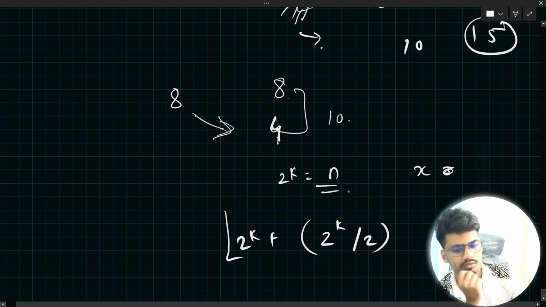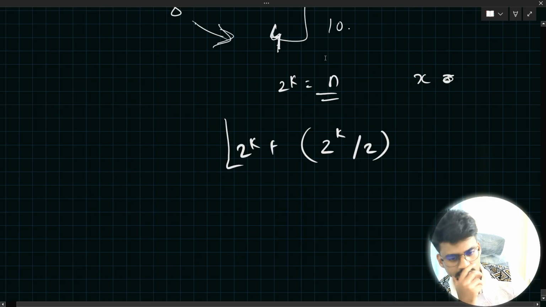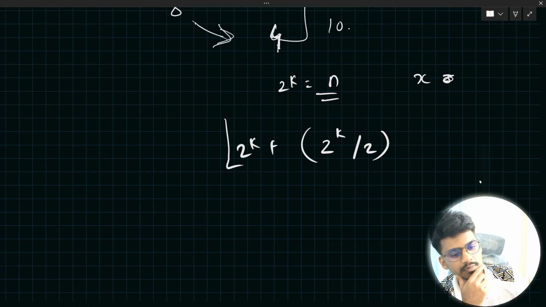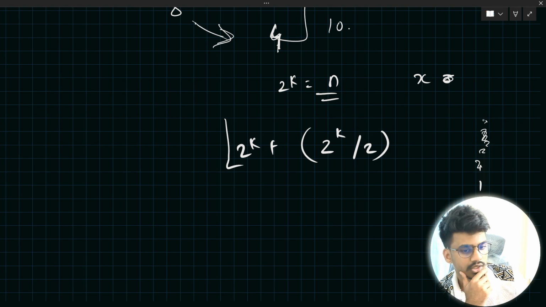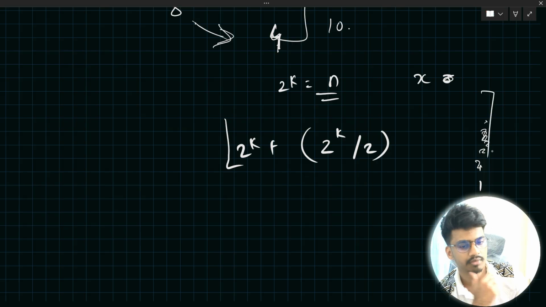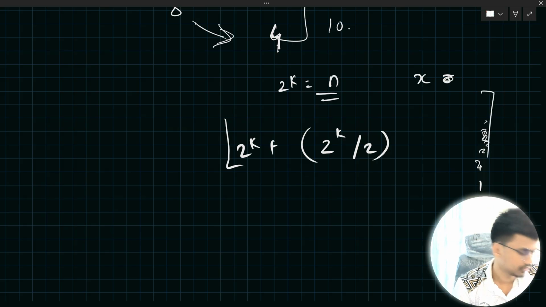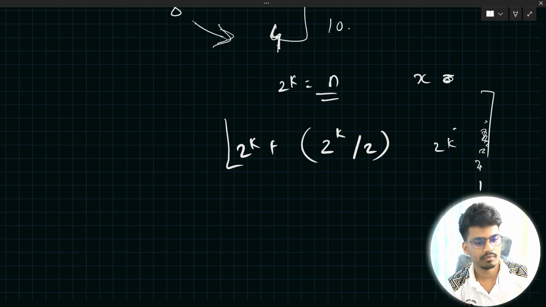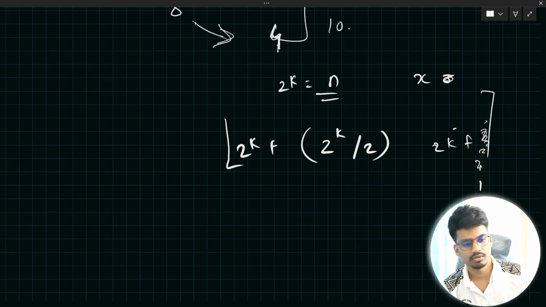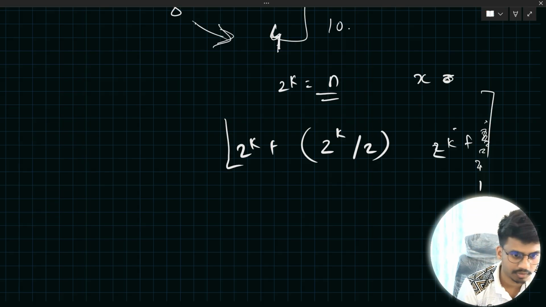And what is the maximum I can make? I'll just keep on doubling the elements till it is not 2 raised to k, and that is the upper bound I can make, that is 2 raised to k plus this result is the upper bound I can make.